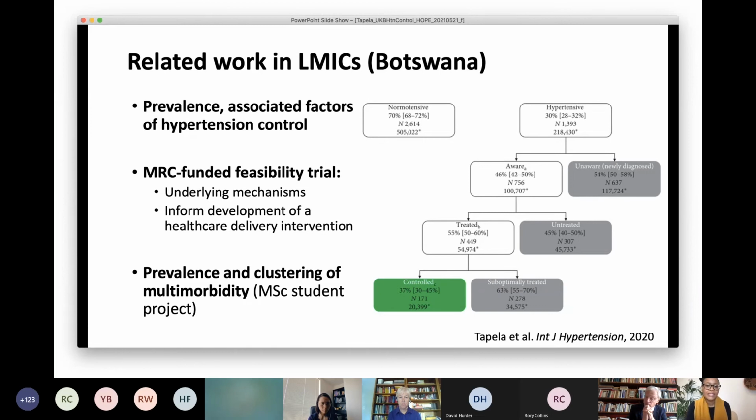That includes qualitative studies that have been conducted to look at what the patient experience is of hypertension care and challenges to having more than one chronic condition to manage. This work is being done as part of an MRC-funded feasibility trial, which we hope will inform development of a multi-component healthcare delivery intervention. And we're also doing some related work with multimorbidity as part of an MSc student project.